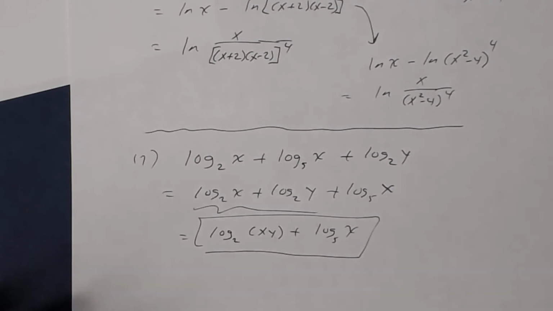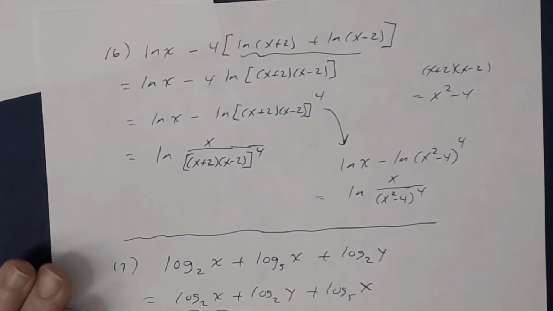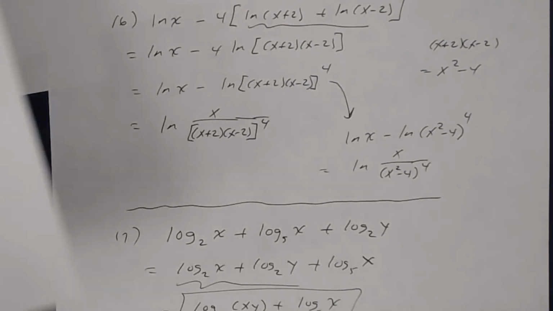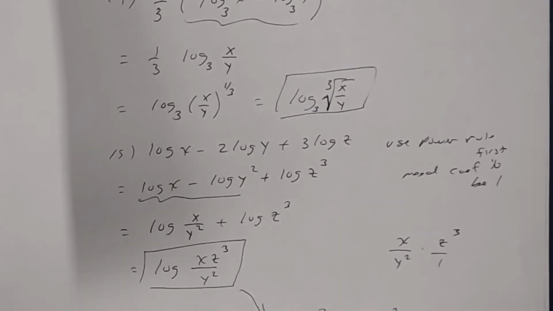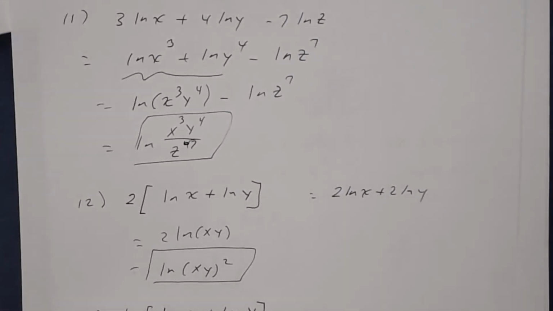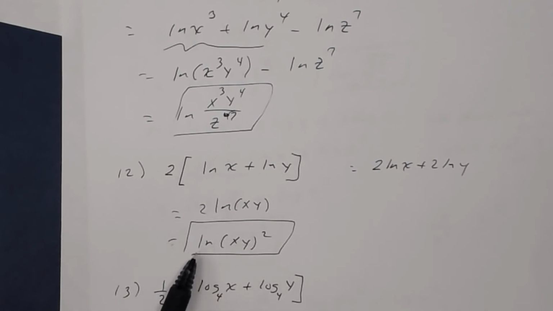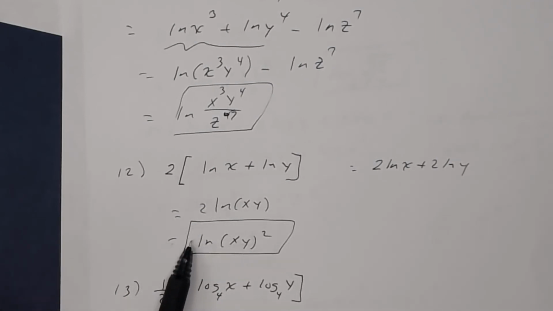Okay, so that will take care. I think you have enough problems here to understand the idea of condensing log expressions. So remember, when you condense log expressions, you have to make sure that the final answer has a coefficient of the log of 1, right?